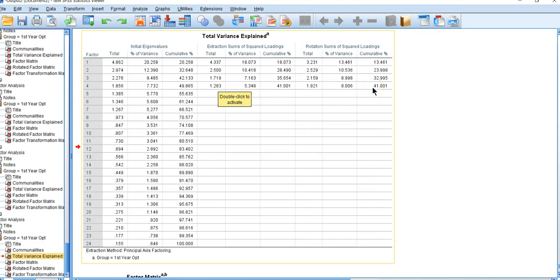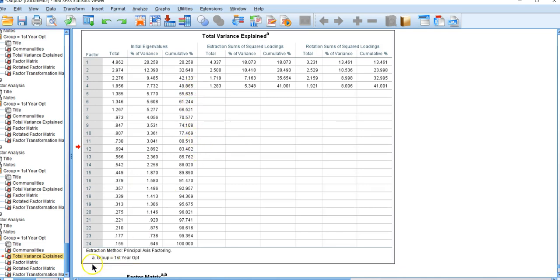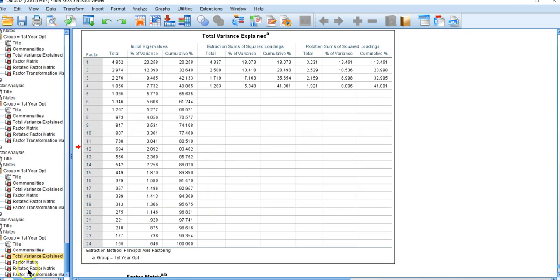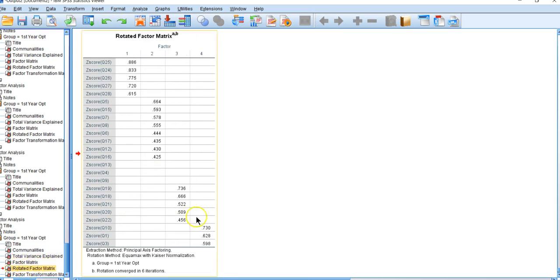So we're cleaning up our model and getting better factors, but we're losing accountability of our variance on the way. It doesn't really change the percent variance. As you get down, it's tightening up. All right, let's look at our rotated factor matrix.